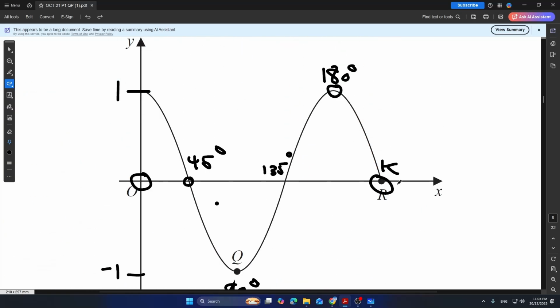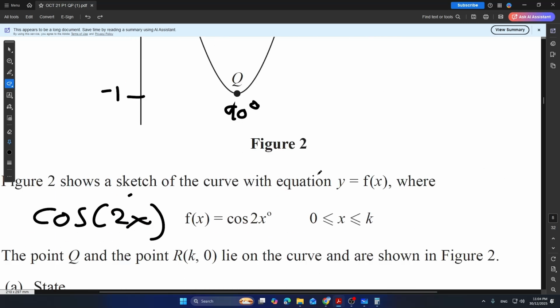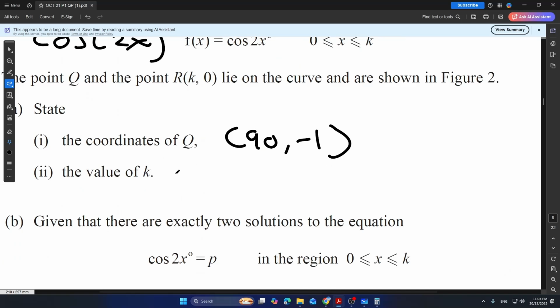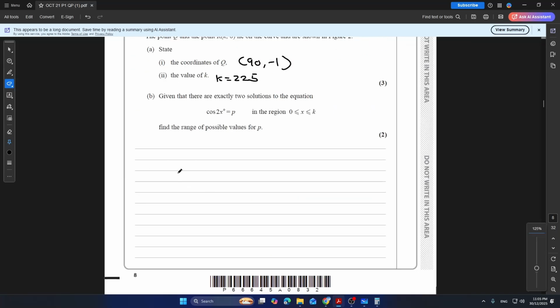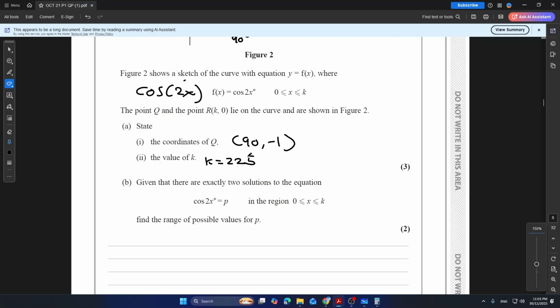I said to find the x coordinate of r, which is k also, we add 45 from here. So 180 plus 45 on the calculator is 225. So k is 225. By the way, don't write my answers like me. Always write on the lines below, but I am only doing this to save time.